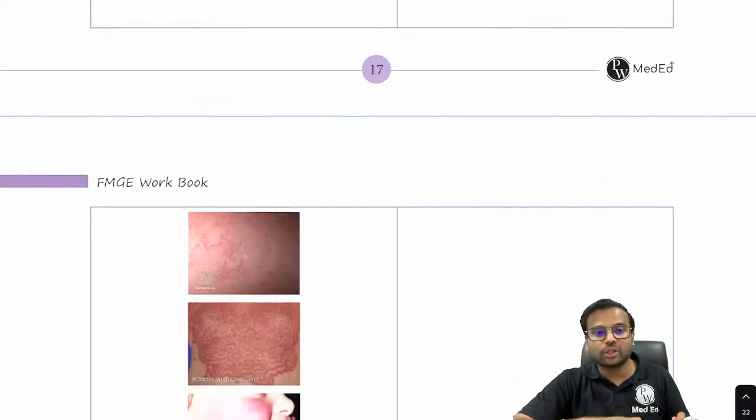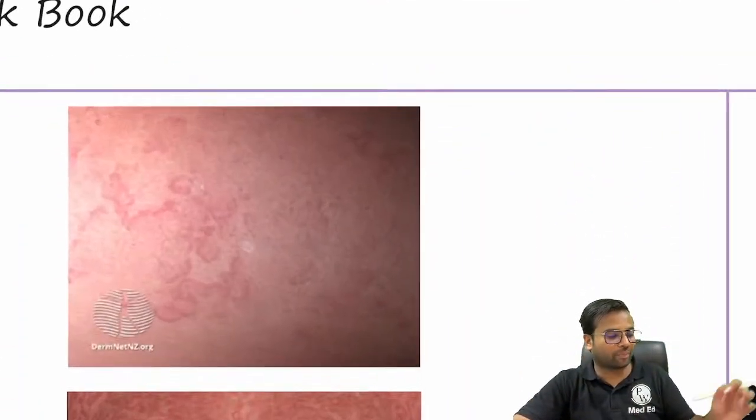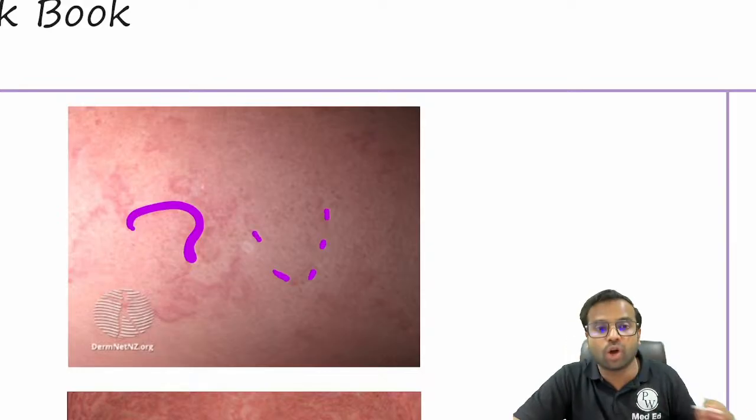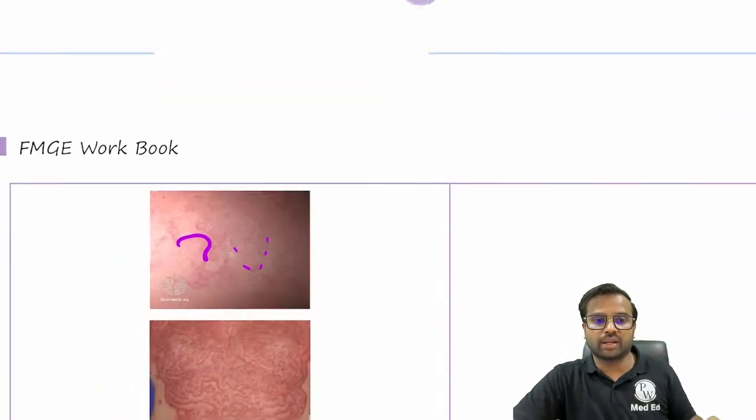Very good. Now let's see one more. Now this is a patient who has some heart disease and has developed an erythema which is transient in nature. Here there is erythema, but in this region the erythema has already disappeared. Now what is this?